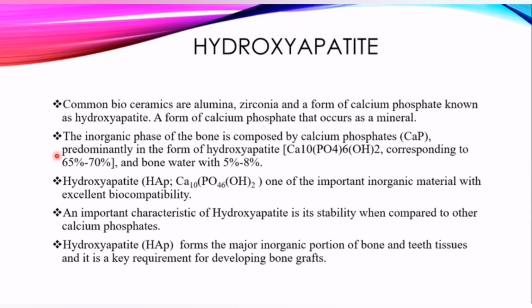Hydroxyapatite forms the major inorganic portion of bone and teeth tissues, and it is a key requirement for developing bone grafts. The compatibility of hydroxyapatite with biological tissues is regarded as superior to other artificial materials.